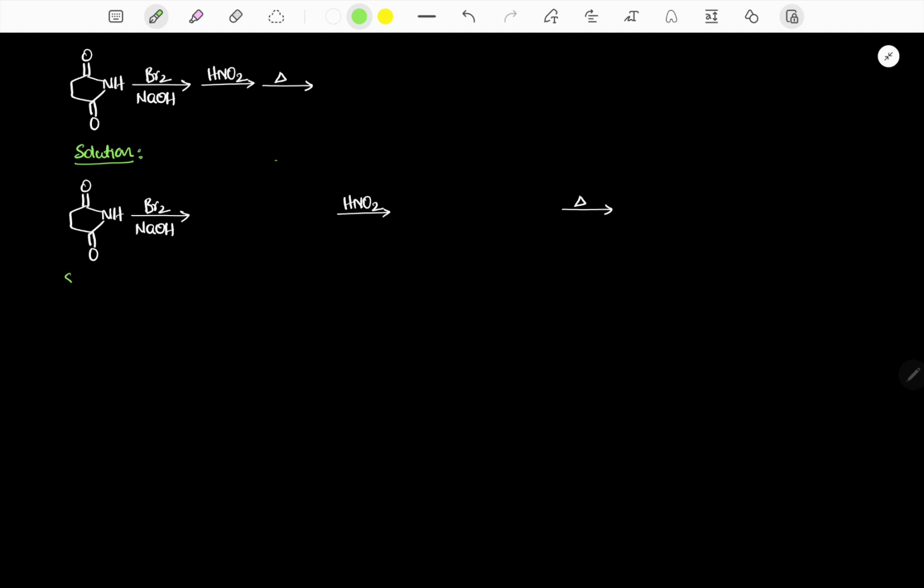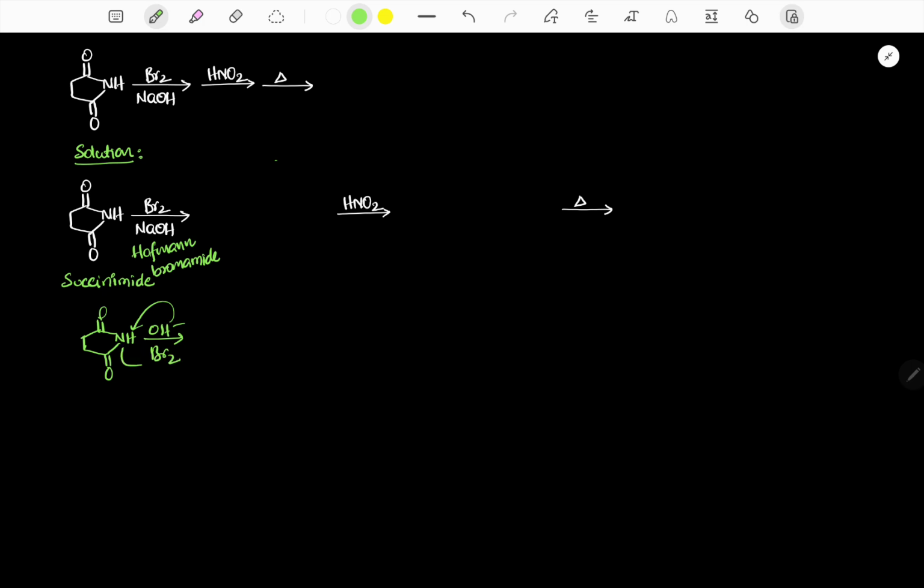The reactant is succinimide, with an imide functional group. When it is treated with Br2 and NaOH, this reaction is known as the Hofmann bromamide reaction. The basic mechanism is that when the imide reactant is treated with Br2 and OH minus, in the presence of OH minus it loses a proton.